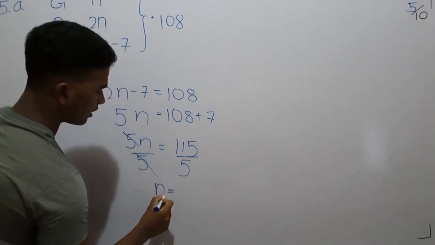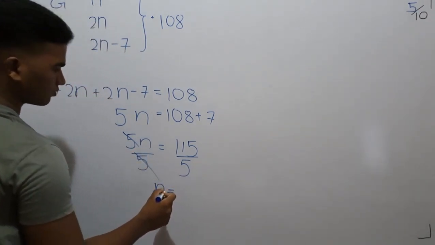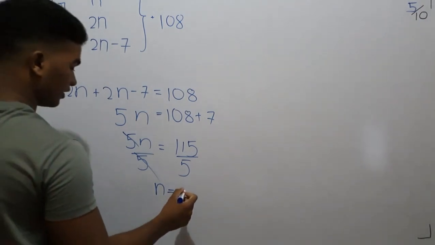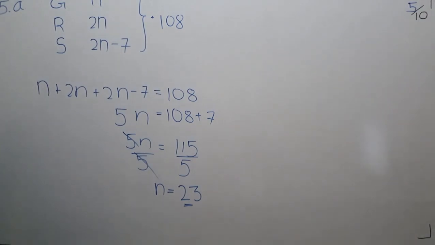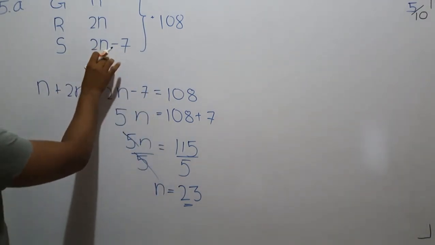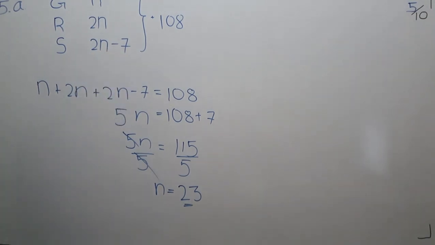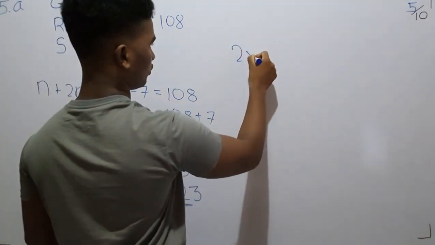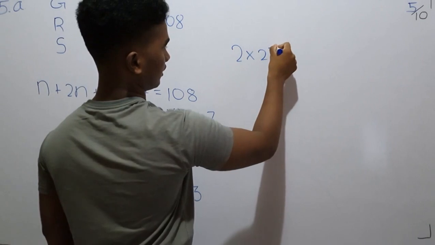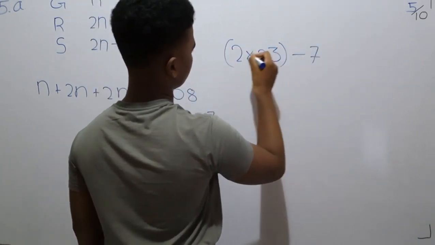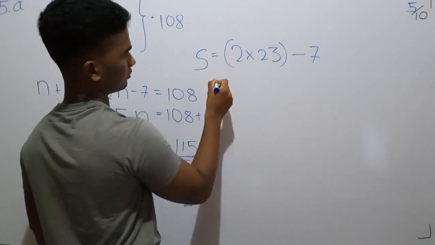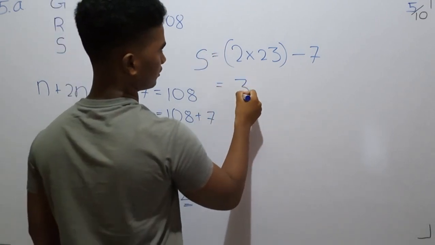So n is equal to 23. But to find Sanjay's number of stamps, you should multiply the n value by 2 and minus 7. 2 into 23, in brackets, minus 7. This is for Sanjay. So we get the answer as 39.